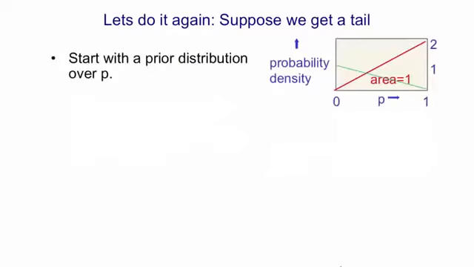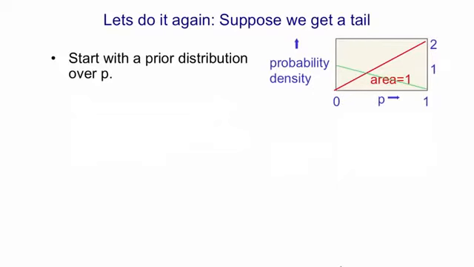Now let's do it again, and this time let's suppose we get a tail. So the prior distribution we start with now is the posterior distribution we had after observing our one head, and now the green line shows the probability that we will get a tail according to each of those hypotheses that correspond to a value of p. So for example, if p is 1, the probability we would observe a tail is 0.